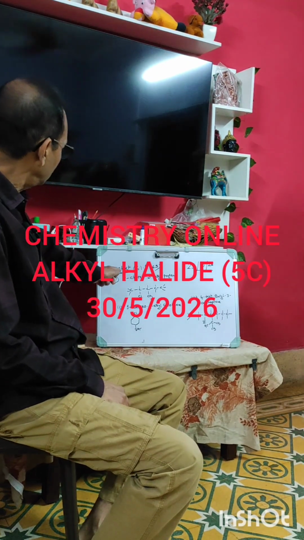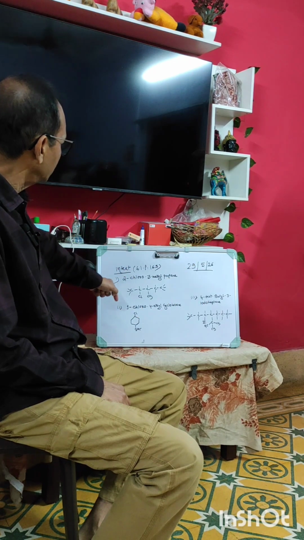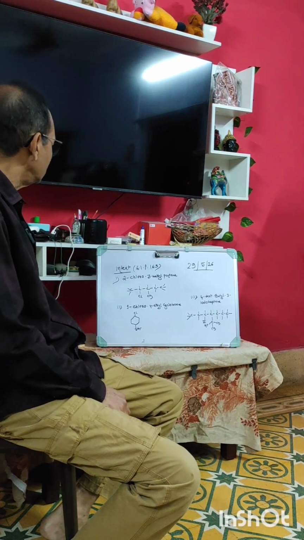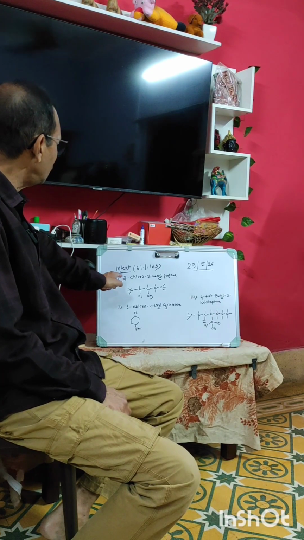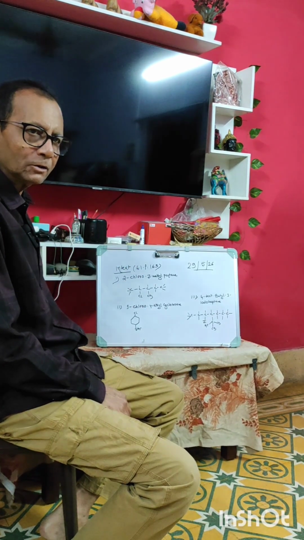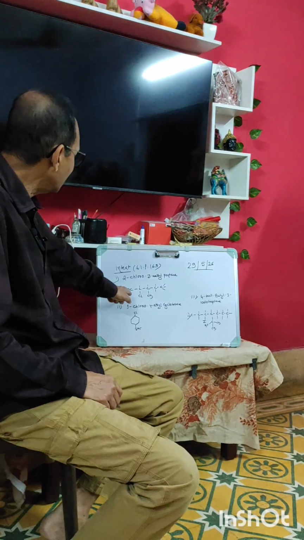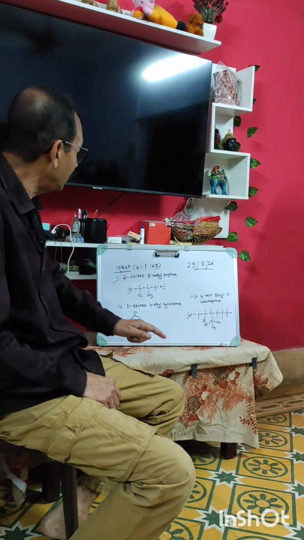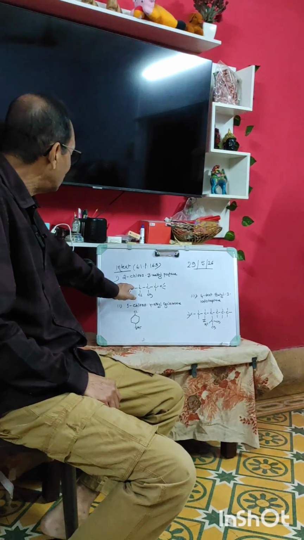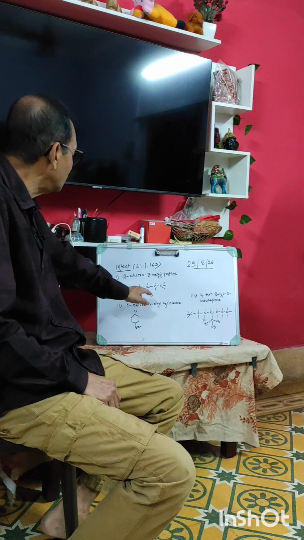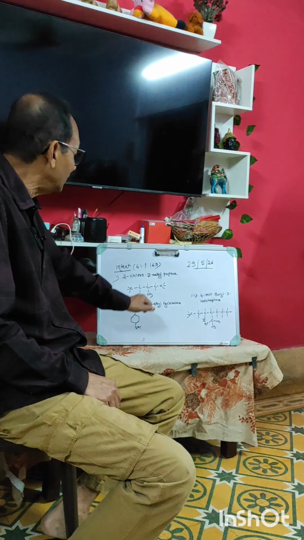Now let us solve the in-text problems. Page number 163. Number 1: 2-chloro-3-methylpentane. How to solve it? First you write 5 carbons in a chain, so it becomes pentane. Then at position 2 you put chlorine, and at position 3 you put a methyl group.